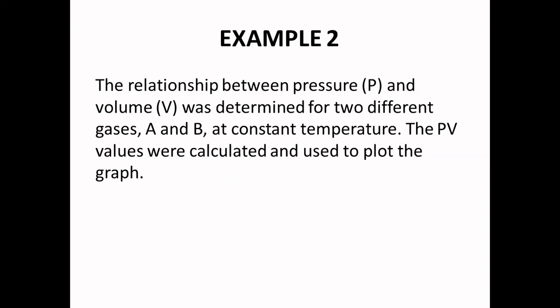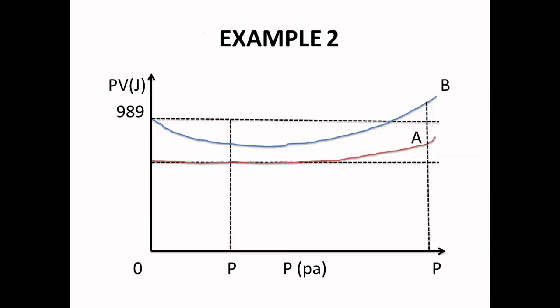Okay, let's consider example number 2. The relationship between pressure and volume was determined for two different gases, gas A and gas B, at constant temperature. The product of the pressure and volume values were calculated and used to plot the graph. Here you can see them.